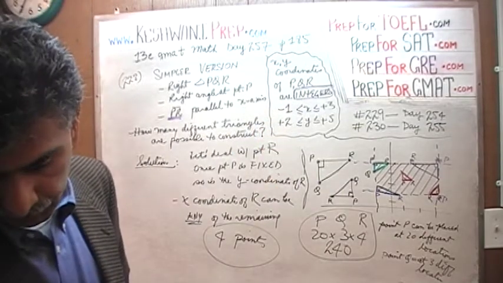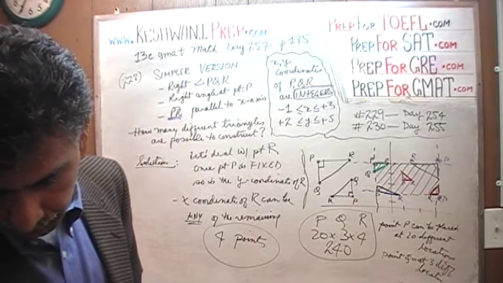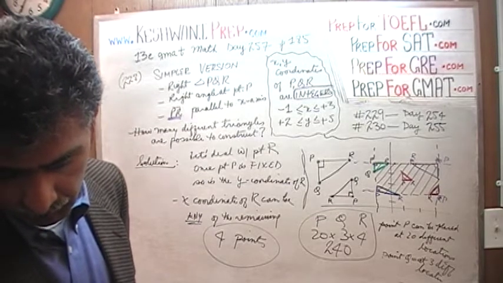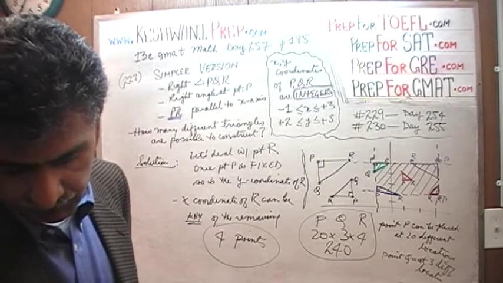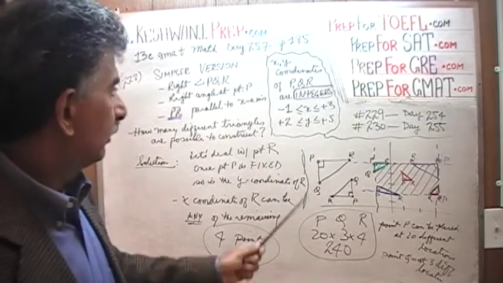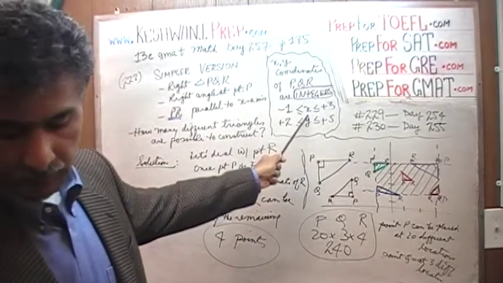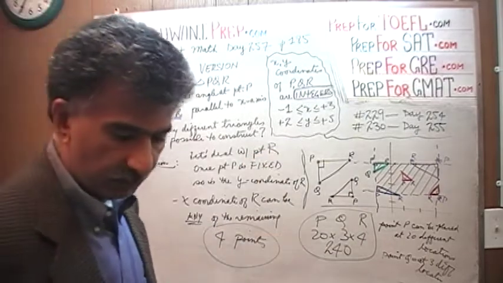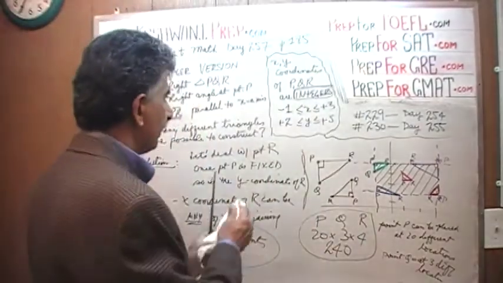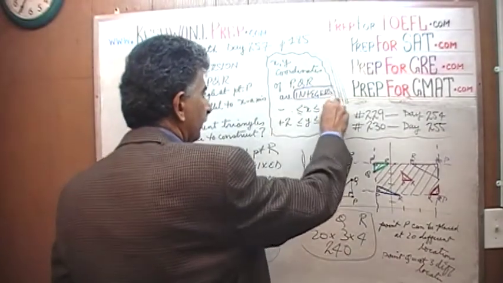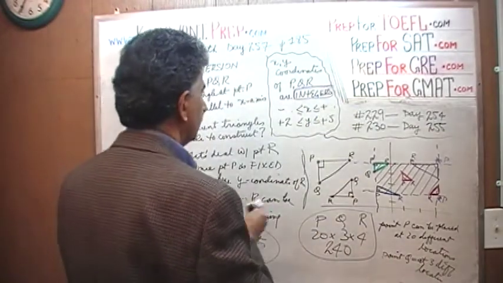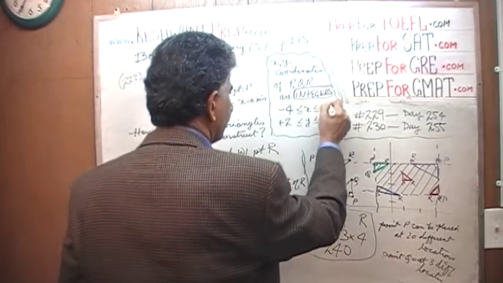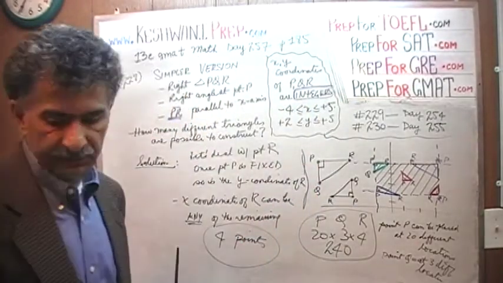We are told that the x and y coordinates of P, Q, R are to be integers that satisfy the inequality. And we are told that the x coordinate of points P, Q and R has to be somewhere between -4 and +5. So today we will do the real version, a more complicated version, -4 to +5, as opposed to the simpler version that we did yesterday.